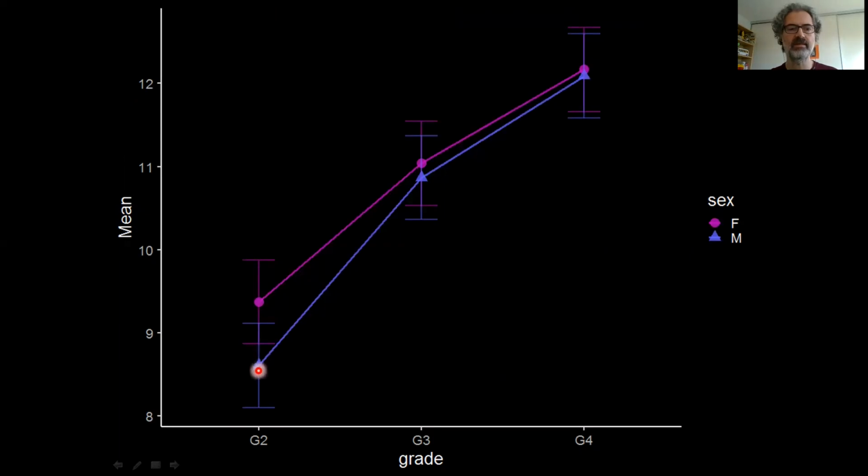These don't tell you anything about the rest of the distribution. But you can see from this type of graph that the means between sexes are essentially the same for grades 3 and 4, but possibly not the same for grade 2, although the intervals are overlapping. So we don't know what is going on here. We also see that there is a trend for increasing mean scores with grade. So that's a different way to visualize the data when we have two independent variables.